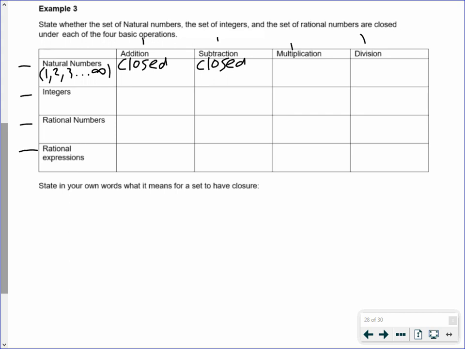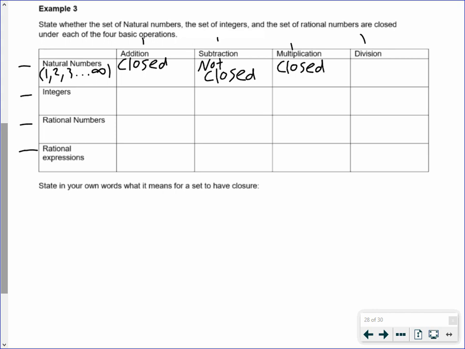I put closed, it should be not closed. Now we're going to see if it's closed under multiplication. The set of natural numbers will be closed under multiplication. That's because I can choose any two positive integer values, and I'm always going to get another positive integer value. Okay, so it's closed under multiplication.